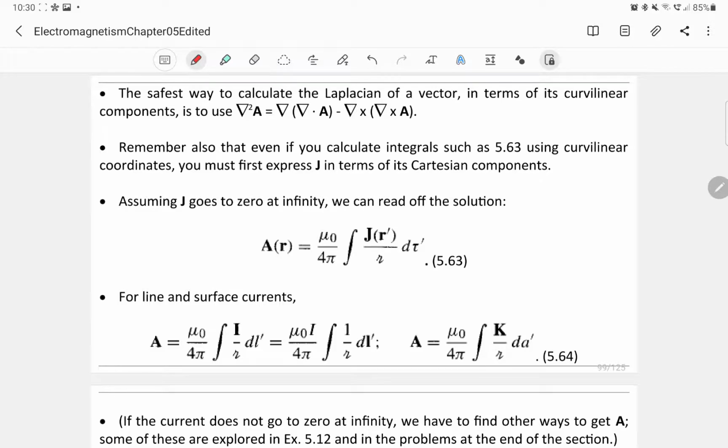The safest way to calculate the Laplacian of a vector in curvilinear coordinates is to use this. And remember also, back in chapter 5, using curvilinear coordinates, you must express J in terms of its Cartesian components. So, assuming that the current density J goes to 0 at infinity, then we can read off this solution.